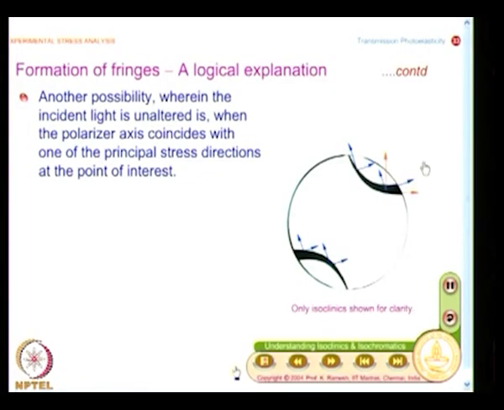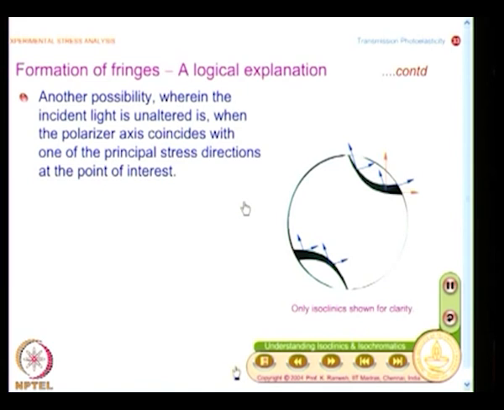For clarity of understanding, isoclinics are shown here, but there is no optical arrangement that is available to get you this. What you could possibly do is take a photoelastic material which has a very high value of f sigma. So, for the given load applied, you may not have significant formation of isochromatics. That is the only way in which you can see only isoclinics with some level of clarity.